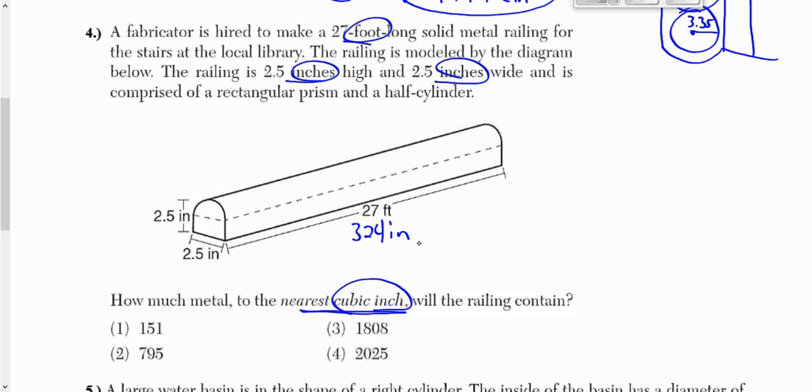Of course, you got a half cylinder on top, so you're also going to need a radius, aren't you? What's that radius? 1.25. It's hard to squeeze in there, right? But you got it. Now you can just go to town and add a couple of things together.